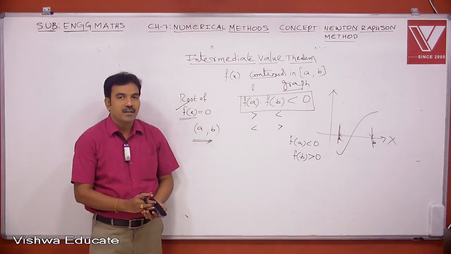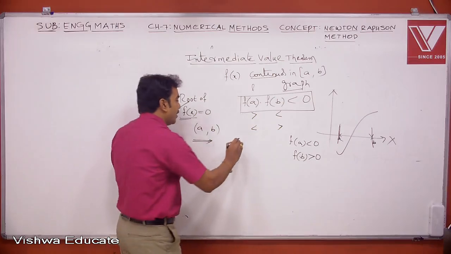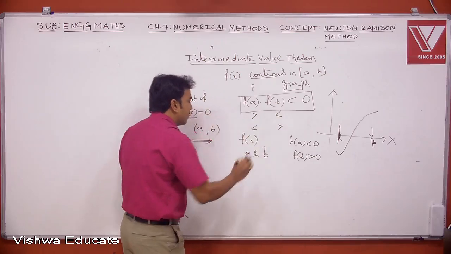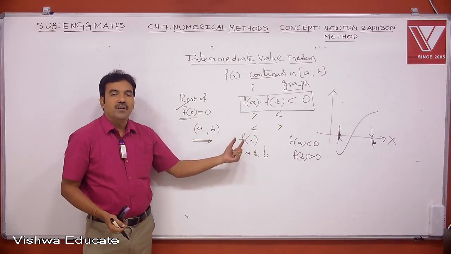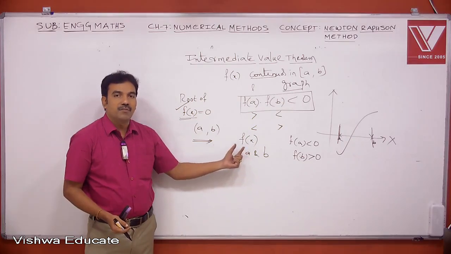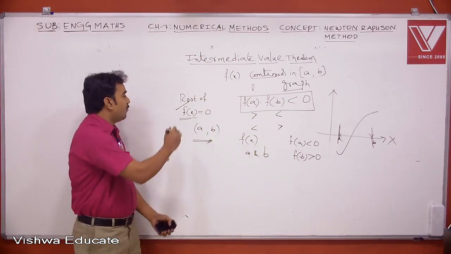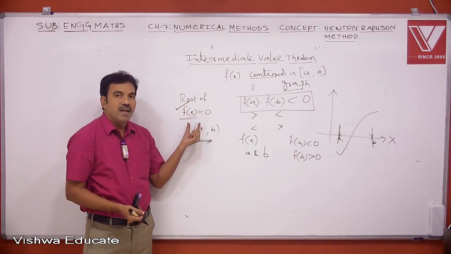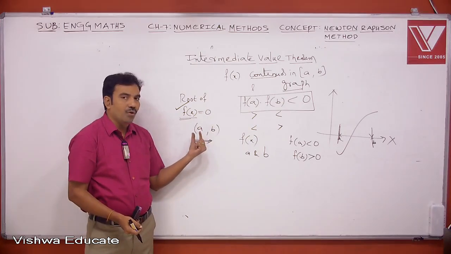That is, f of x has opposite signs at the endpoints a and b. Then f of x equal to 0 has at least one root in the open interval a comma b.